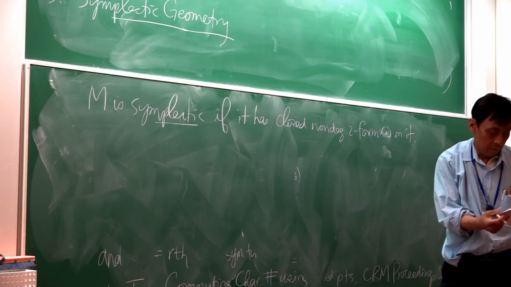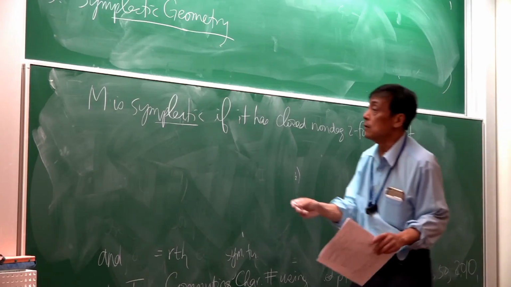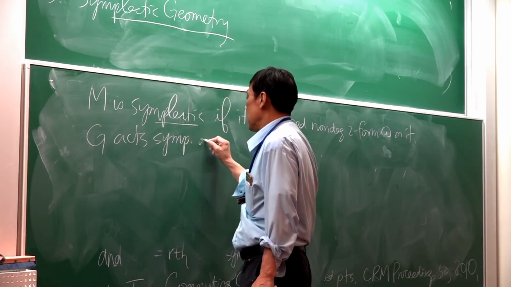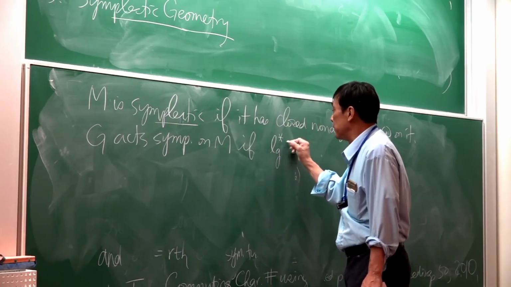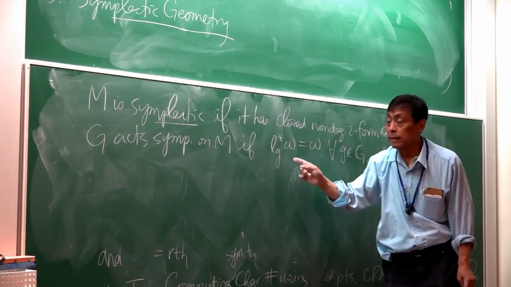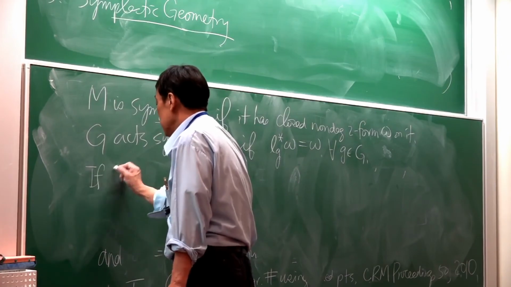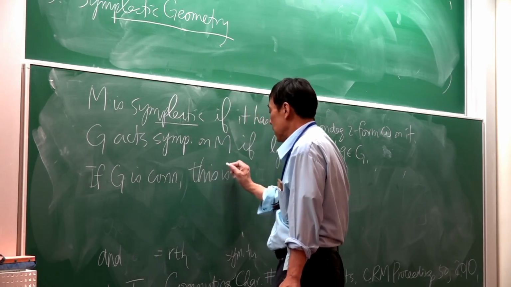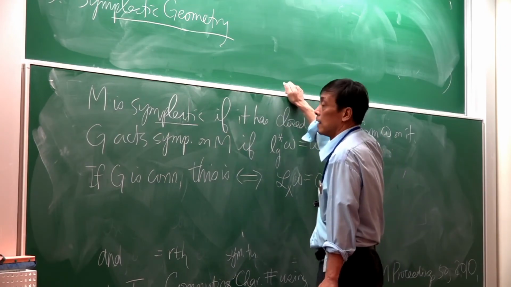A group G acts symplectically on M if it preserves that form. That says that omega is an invariant form. So if G is connected, this is equivalent to the Lie derivative being 0.